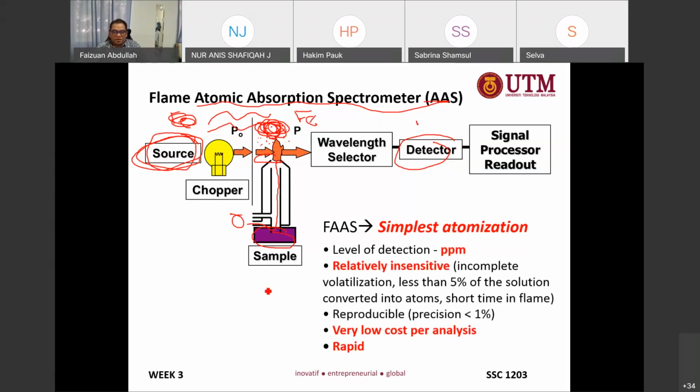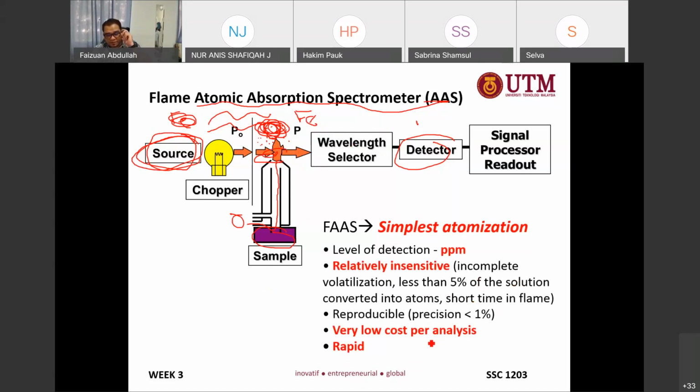All right, so the level of detection is parts per million. It is relatively insensitive to incomplete volatilization; there are some unvolatilized atoms in the flame, which we assume is less than 5%.